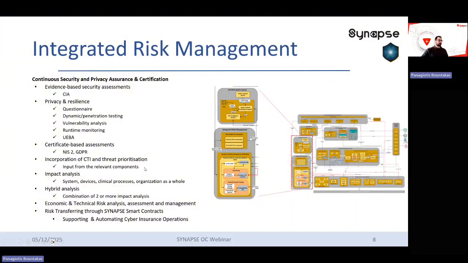And the other main functionality of this component is the risk transferring mechanism, which is realized through the Synapse smart contracts. This operation is mostly related with cybersecurity insurance operations.